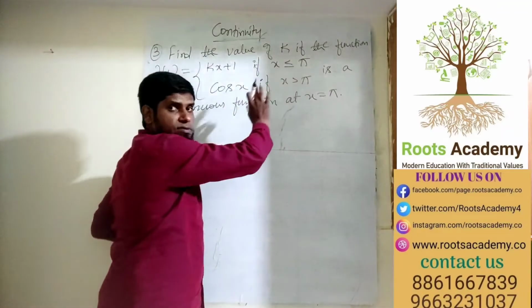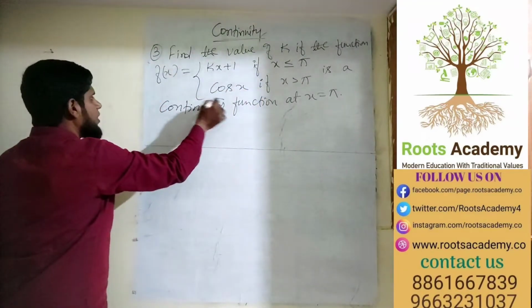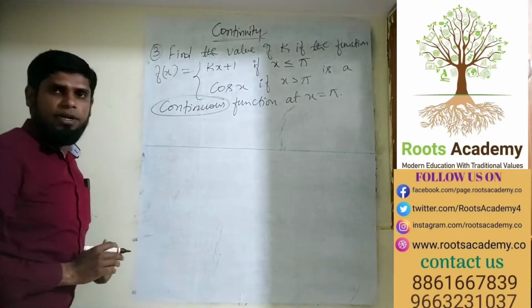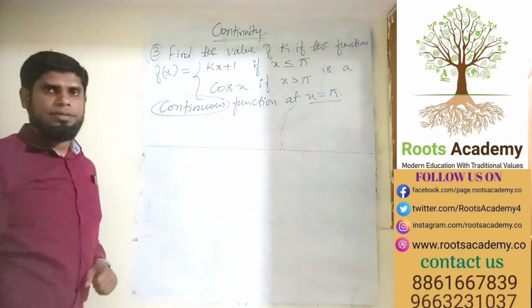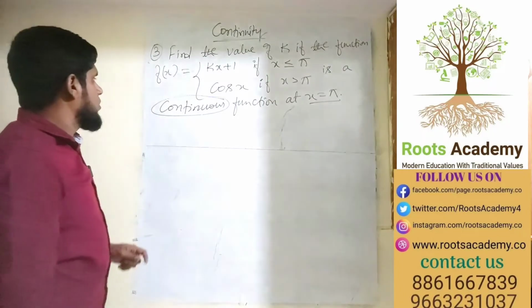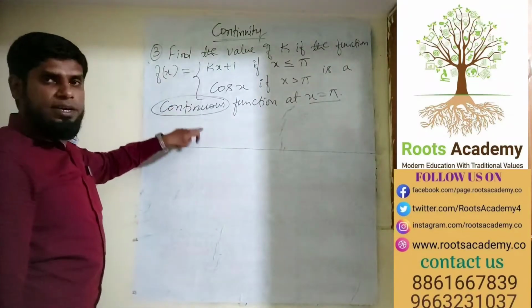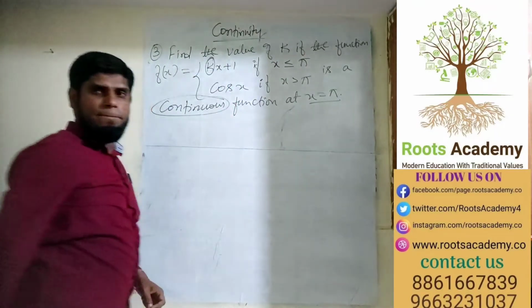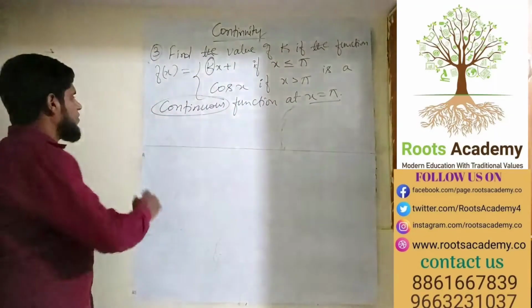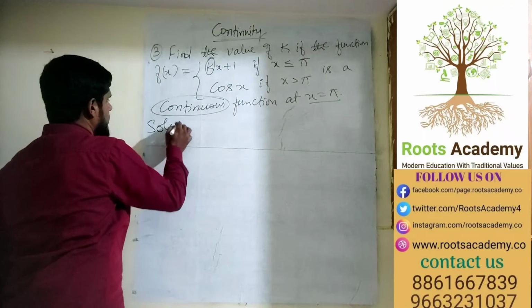With this function, he declared that it is also a continuous function at x equal to pi. Now with this data, we should find the value of k. Let us see how we can find it.